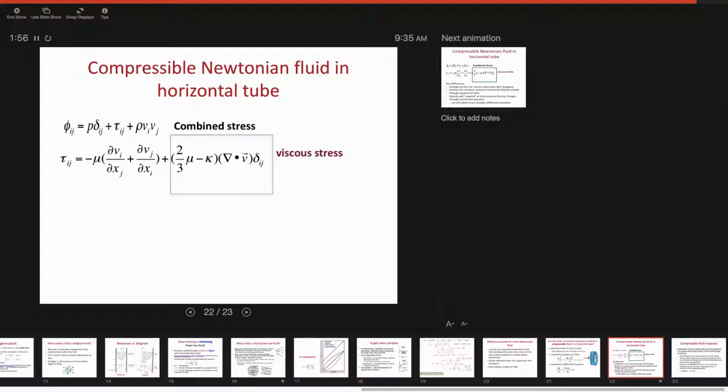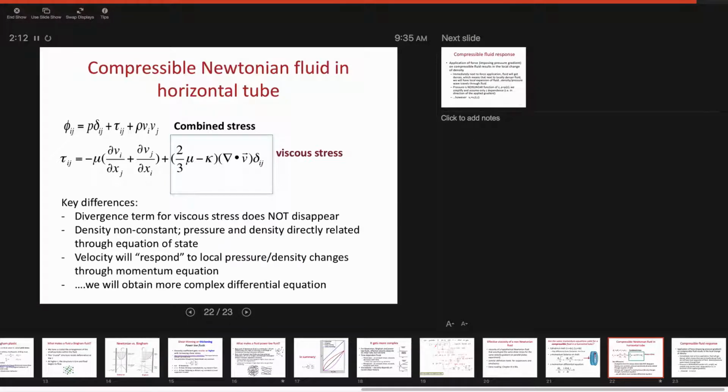For the effective case that we actually will solve for, we're going to assume ideal fluid, and for ideal fluids, kappa is 0, but I still have this 2/3 mu here. So it will actually enter our equations.